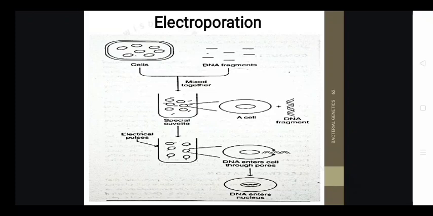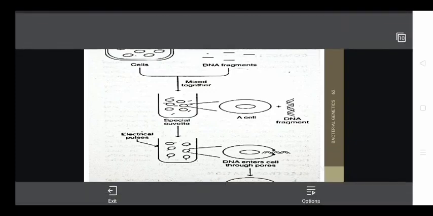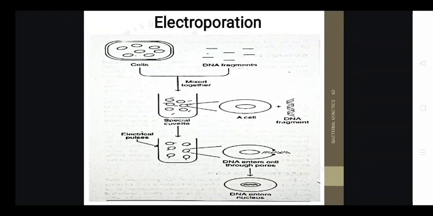It will form pores on the cell membrane which will cause the permeation of the DNA fragment into the cells, and it will enter into the nucleus of the cells. This is the method of electroporation. This is another method for gene transfer from one cell to another cell.